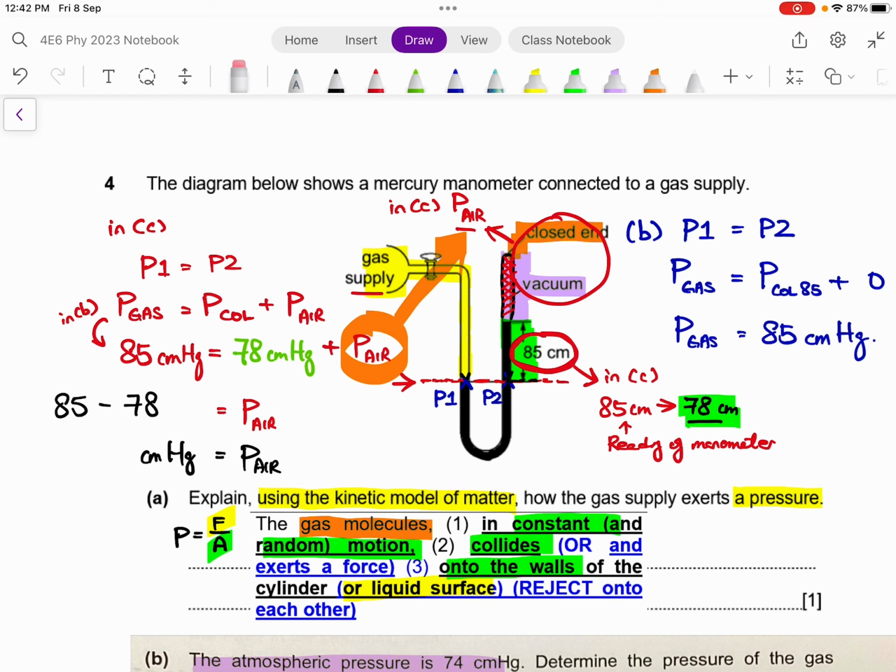Remember for physics, 2 SF. So you see, as long as you are anchored on the core principle of how a manometer works, no matter how we change the context of the question, you'll be able to get the answer. The idea is, when you are panicking, when you are guessing, go back to the first principle.